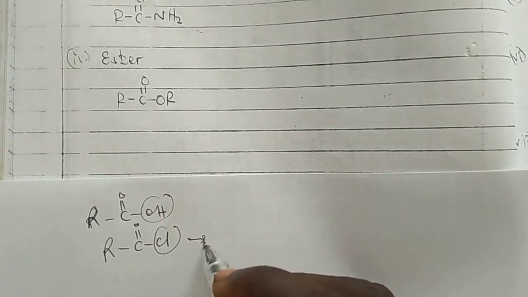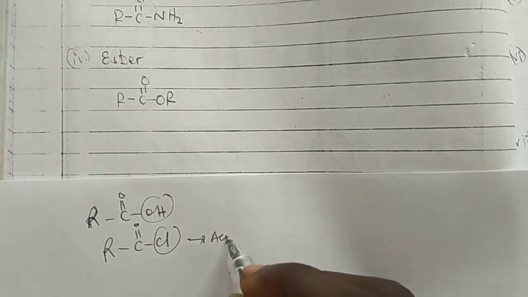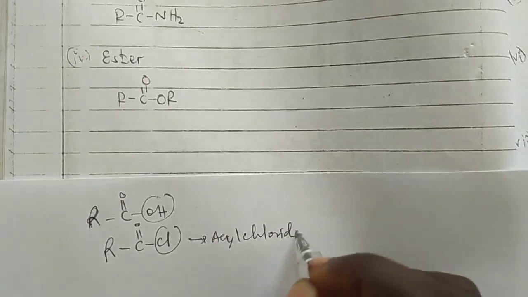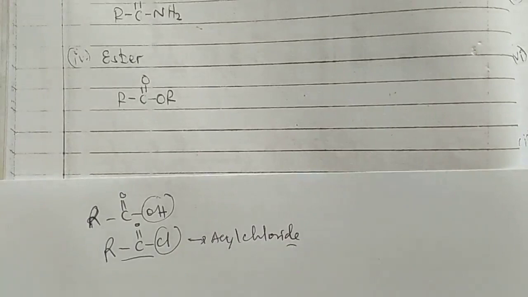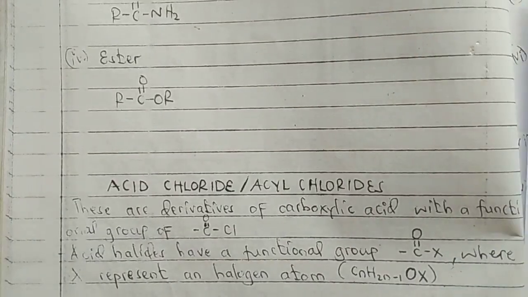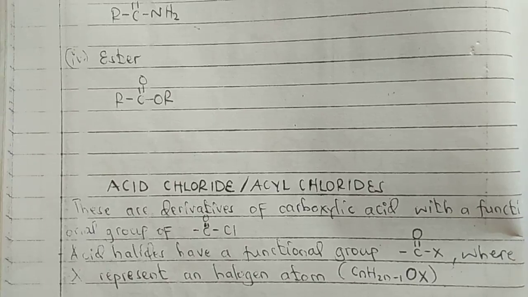And this derivative is called the acyl chloride, a derivative of carboxylic acid.